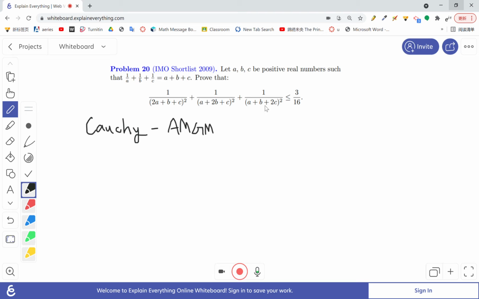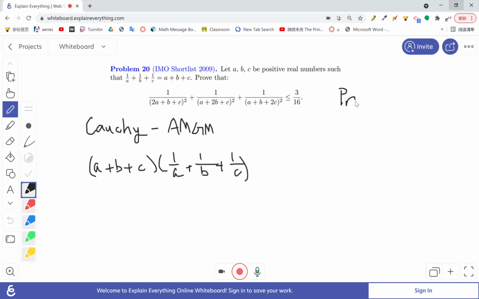So first, let's use Cauchy to transfer this statement. Actually, I'm going to write what I want to prove.